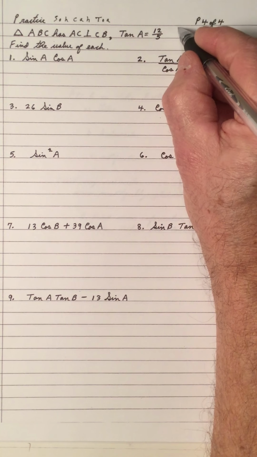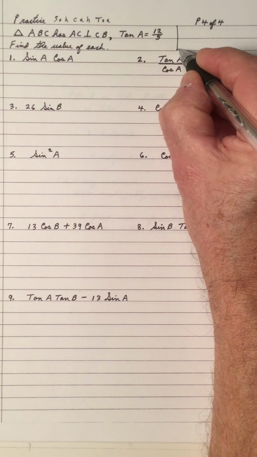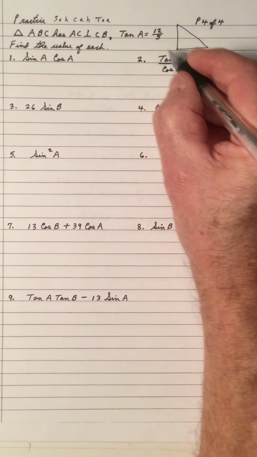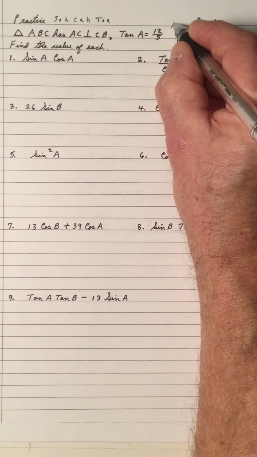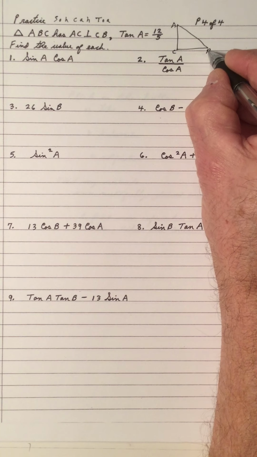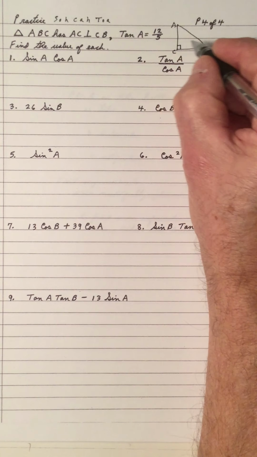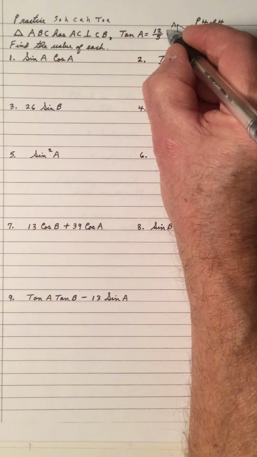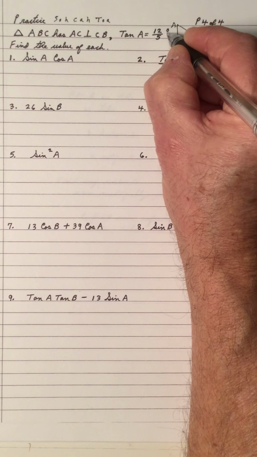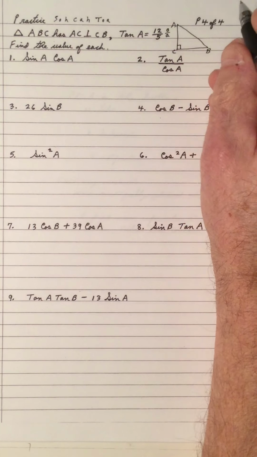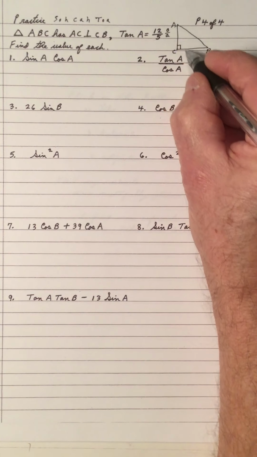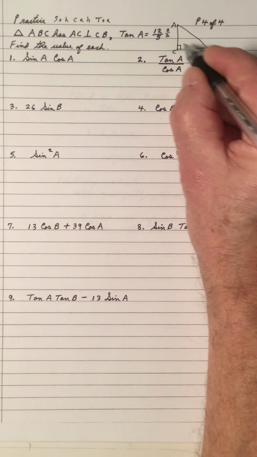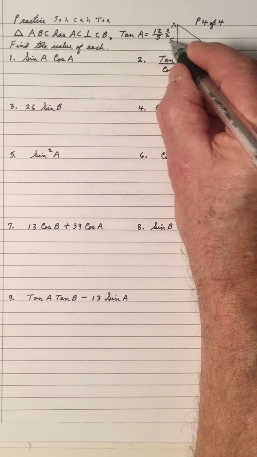And I have to do the right triangle because I have perpendicular at C, so that's angle C, so that's the A, and that's the B. There's the perpendicular at C, and the tan is opposite over adjacent. So in relation to angle A, opposite is right here, so that's a 12, and adjacent is right there.